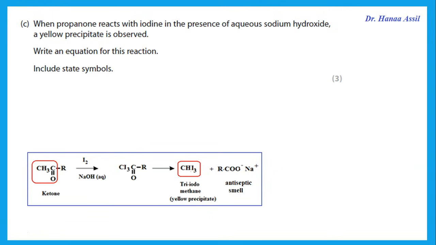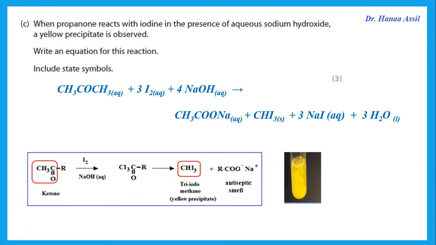So either we have a carbonyl on carbon number 2 or an alcohol on carbon number 2, which would result in a yellow precipitate of triiodomethane, CHI3, that is formed. That is the yellow precipitate. We also have the rest of the part as a sodium salt, and that gives an antiseptic smell. The other products would be sodium iodide and water.